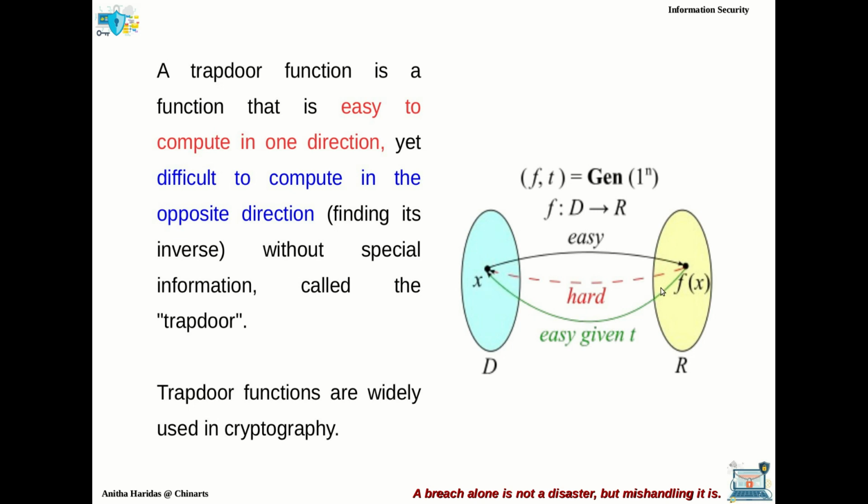So, y is equal to f of x. This is the input value x, and it can be easily calculated with the function f. And the reverse is f dash of y. F dash of y is very, very difficult. But for this f dash of y, if you give additional information, then this can be calculated easily. This kind of function is what you call a trapdoor function.